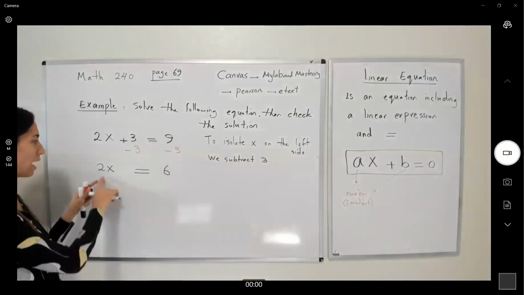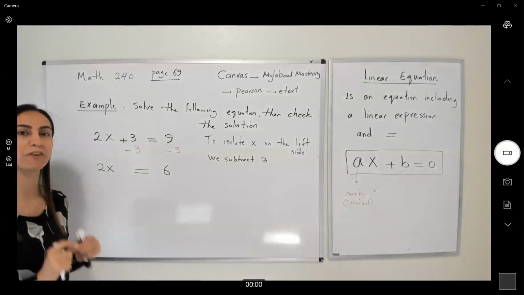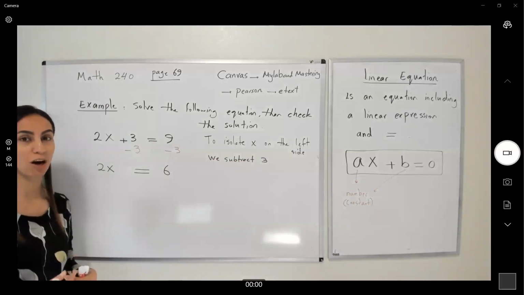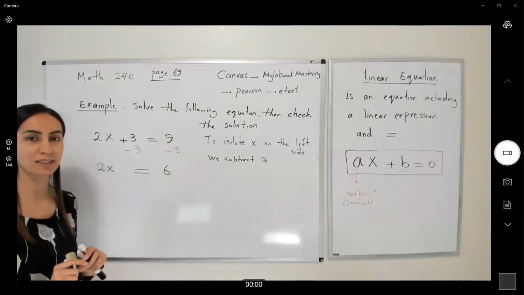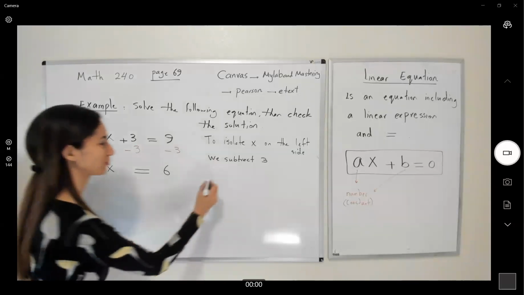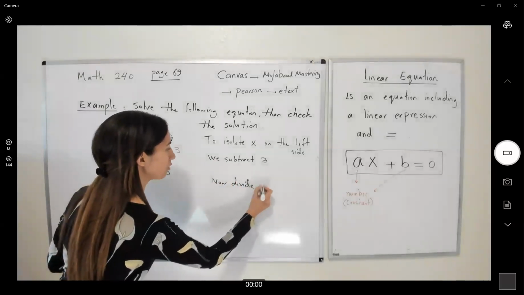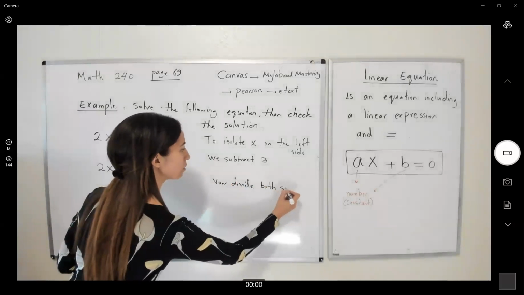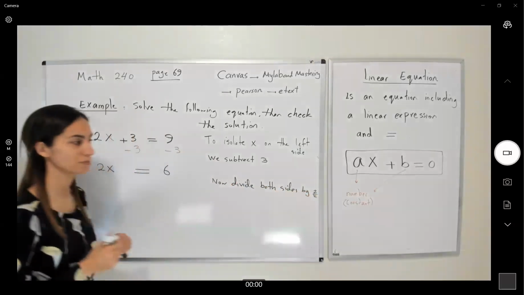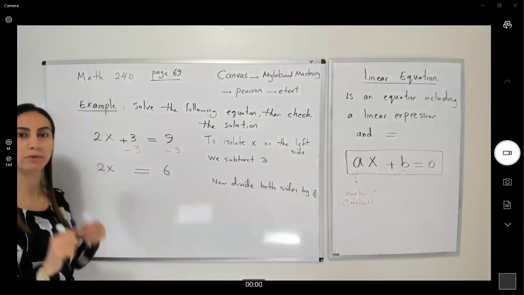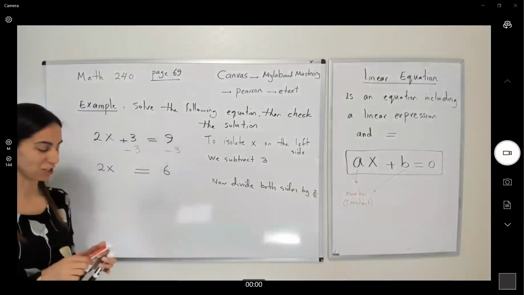Now, how do I get rid of 2? 2 is multiplied by variable x. To get rid of 2, you are allowed to divide both sides by 2. 2 is multiplied by x. The opposite operation is division.